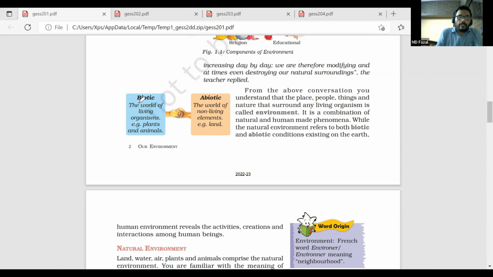See, basically biotic means what? Biotic is nothing but the world of living organisms, for example plants and animals. So highlight this, I will give that in your handout. Biotic means it's a component of life.